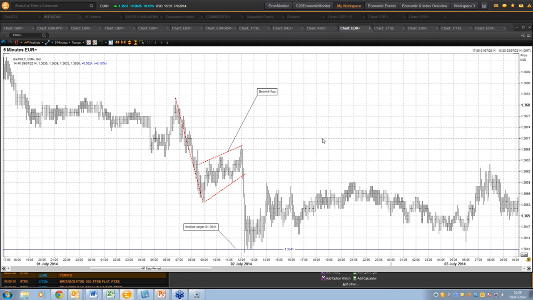That has caught me out on a couple of occasions where I thought that was the limit of the move, and then I thought it was going to start to retrace, and then bang, it's gone again. And when it goes, it does go very quickly. So you've got to stick very close to it if you're looking to trade it.